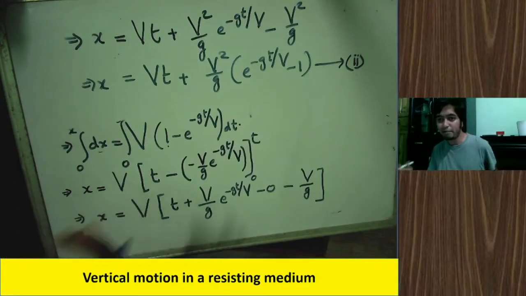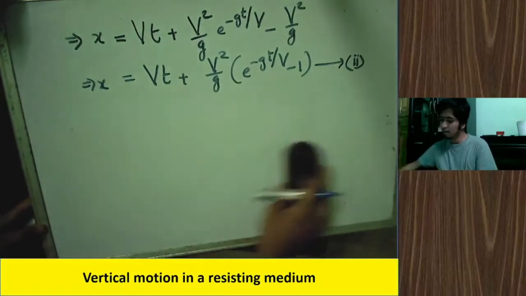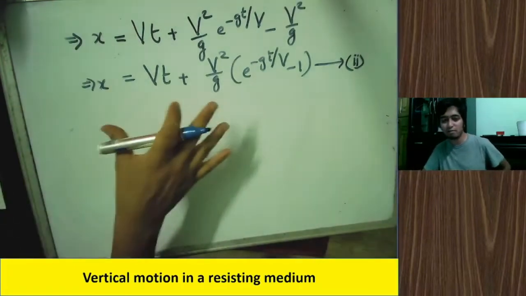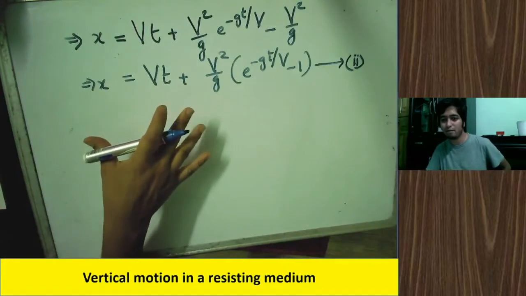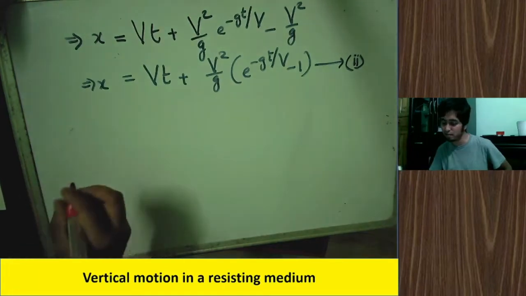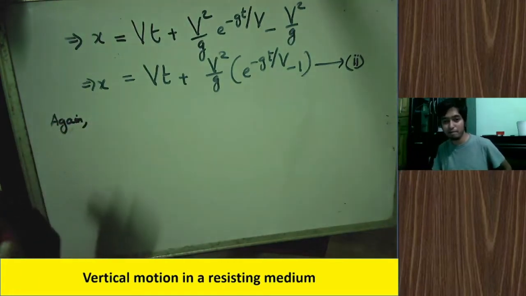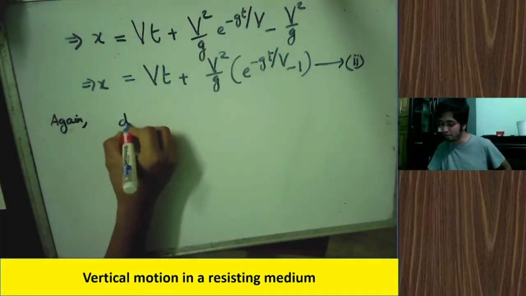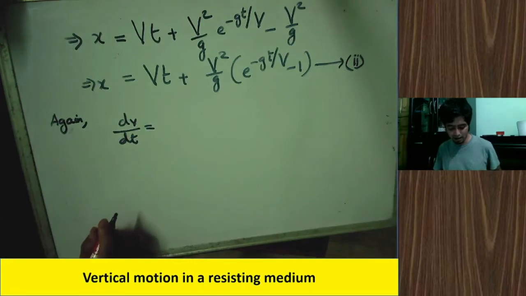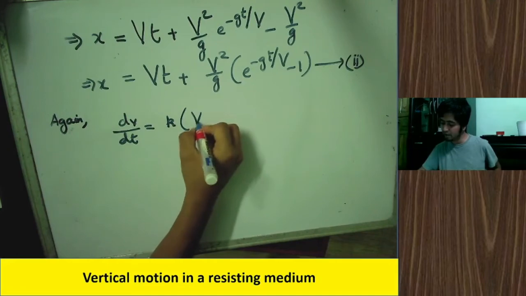Now we have to find a relation between v and x. We cannot proceed from over here. But what we will do is go back to the original equation of motion. If you remember, after simplifying, we are having something like this: dv/dt equals k times (capital V minus v).